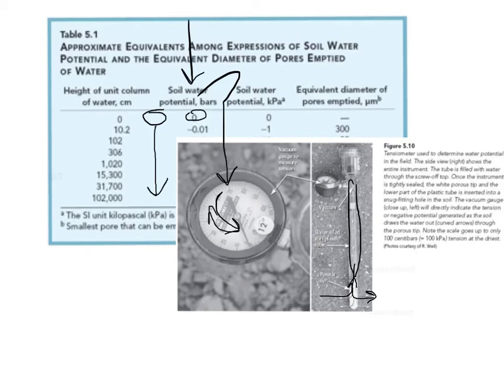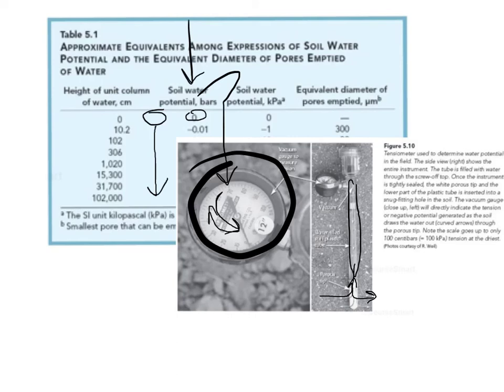So this is where it all has application. We talked about the things that we're measuring, the matrix potential and other kinds of potentials that give us an idea of where water is going to go in the soil. This is really where it becomes real practical: a device like this that actually measures the suction or the tension of water in the soil so that we can remedy that problem.